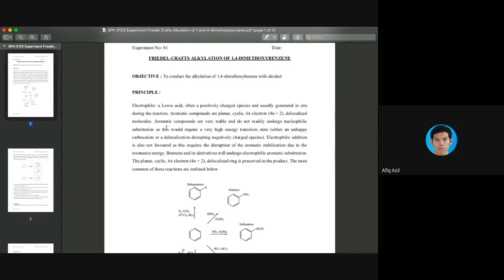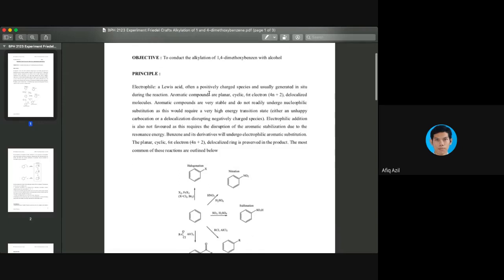The objective is to conduct the alkylation of 1,4-dimethoxybenzene. It is benzene with two alkoxy substituent groups, at position number 1 and position number 4, which is para.